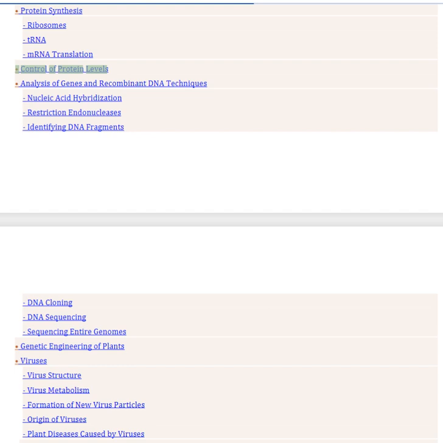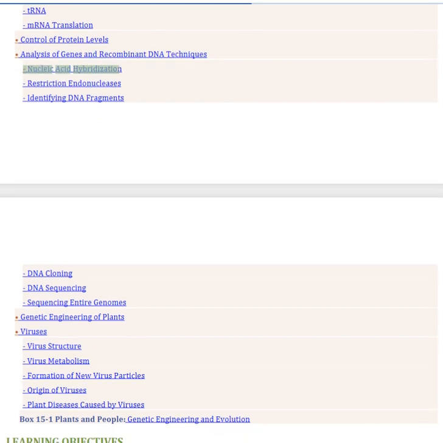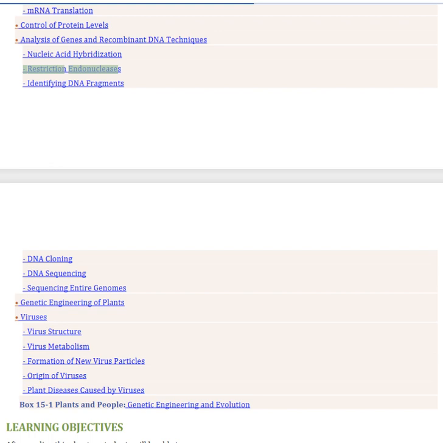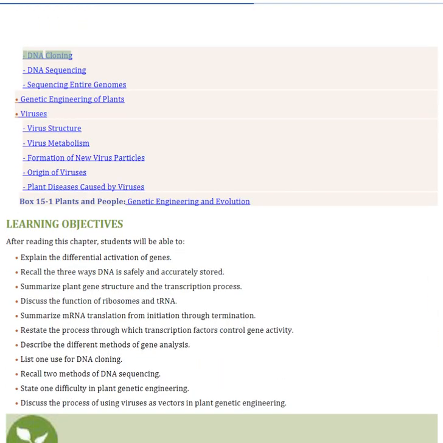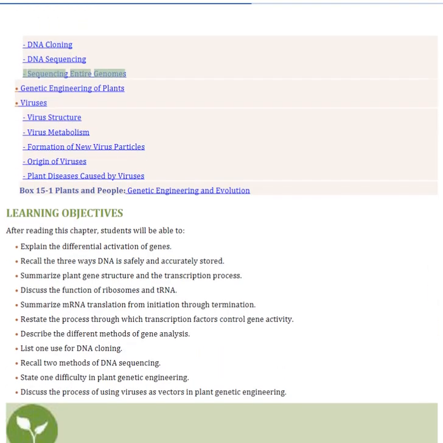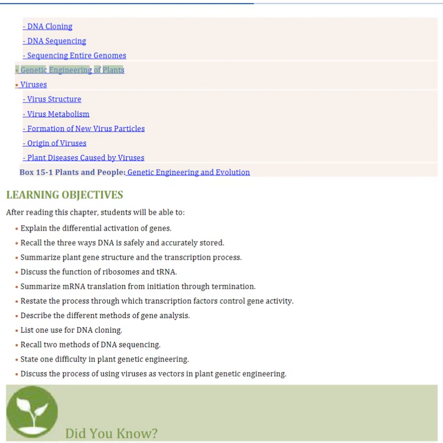Control of protein levels. Analysis of genes and recombinant DNA techniques. Nucleic acid hybridization. Restriction endonucleases. Identifying DNA fragments. DNA cloning. DNA sequencing. Sequencing entire genomes. Genetic engineering of plants.